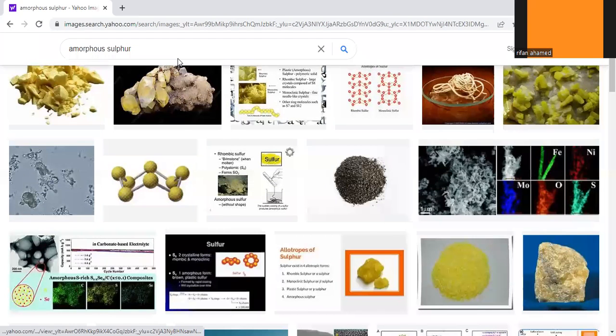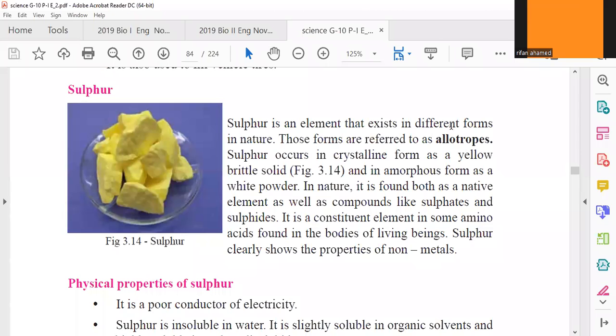Having two different forms or more than one form is called allotropism. So in an exam paper, if they ask you what are the two allotropes of sulphur, you have to say one is the crystalline form, the other is the amorphous form.